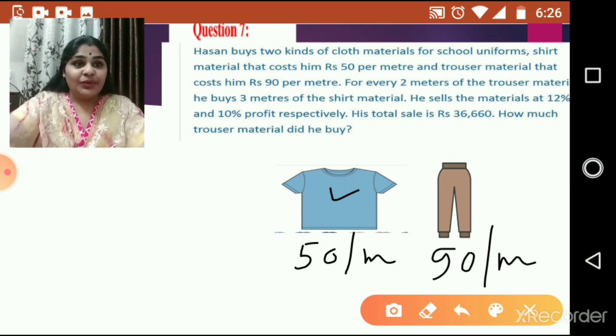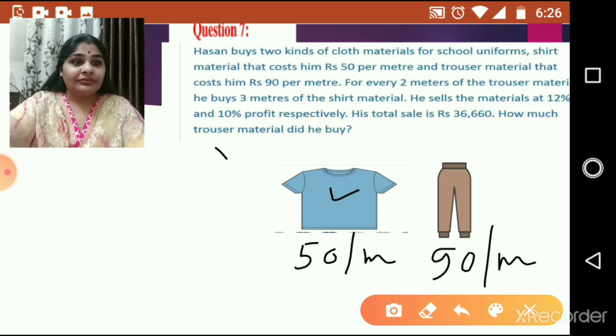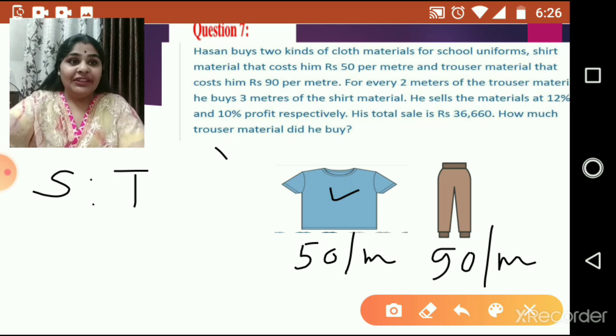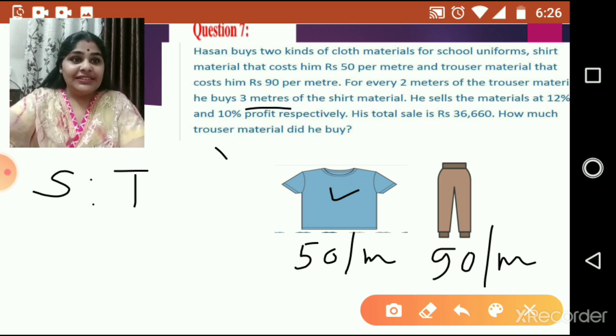Now next one, it says that for every 2 meter of the trouser material, he buys 3 meters of a shirt material. So suppose I take shirt is to trouser, the ratio, shirt will be 3 meters and trouser will be 2 meters.